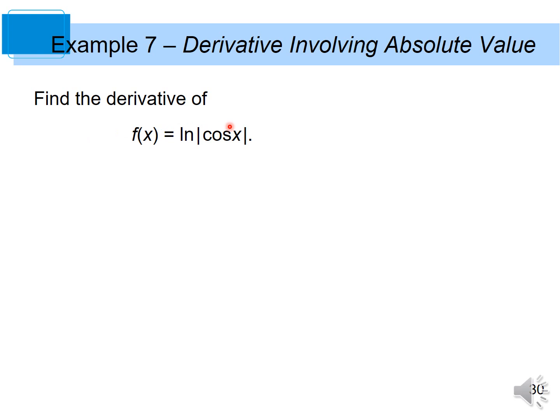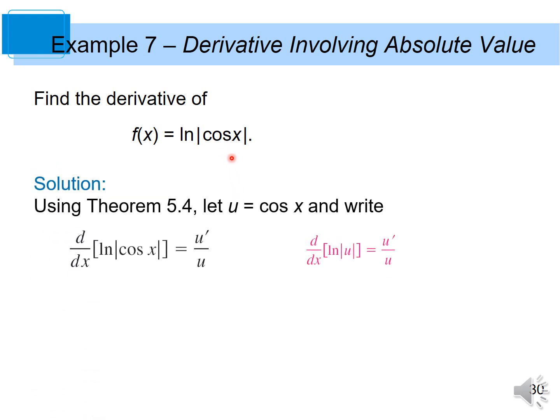Find the derivative of f of x equal to natural log of cosine x. This is the composite function. Our u is cosine x. So we use the formula u prime over u. To get the u prime, we differentiate the cos x with respect to x.